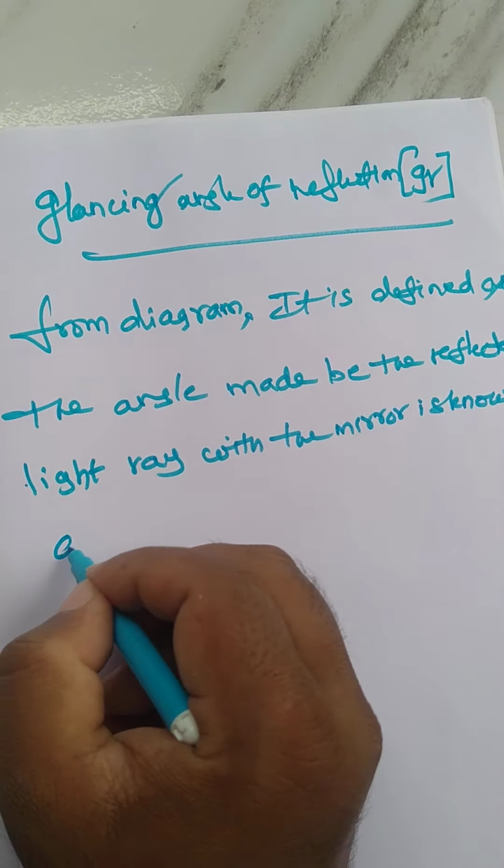It is denoted by GR, and GR equal to 90 minus r, dear students, right?